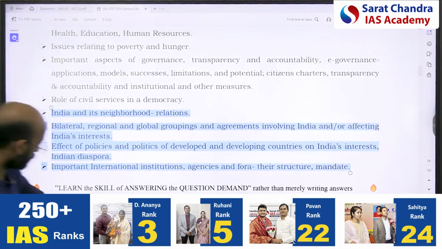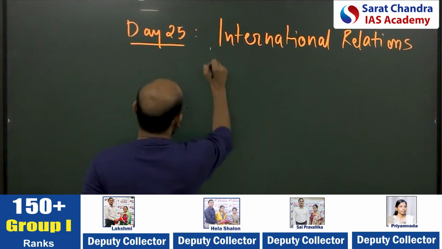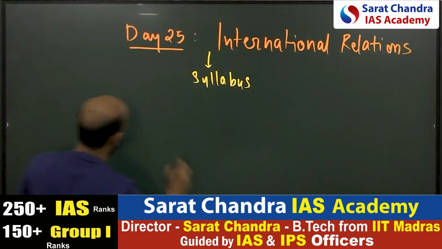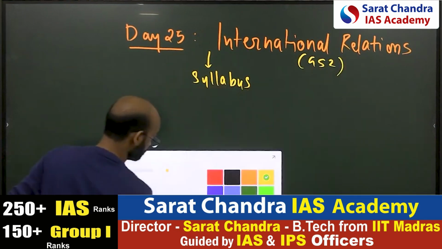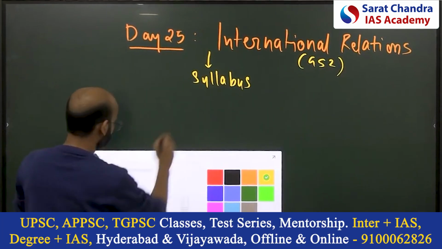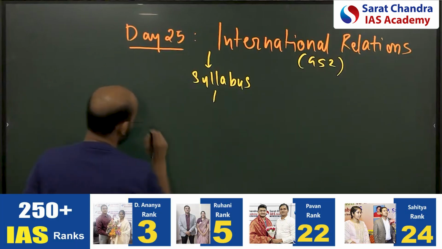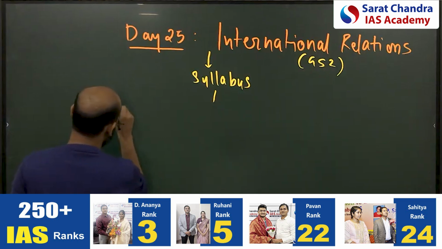Now it's looking a little complex. Let me simplify this for you. If you see the whole syllabus of IR, this is the part of GS-2. The syllabus can be divided into 3 components.